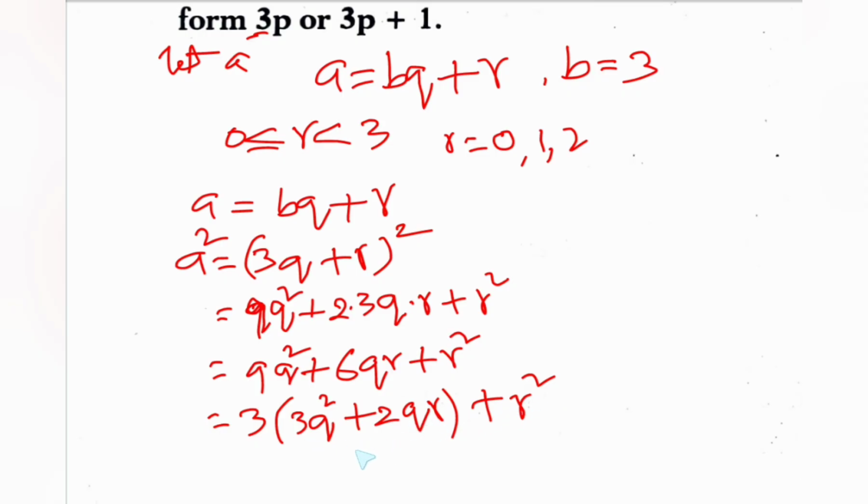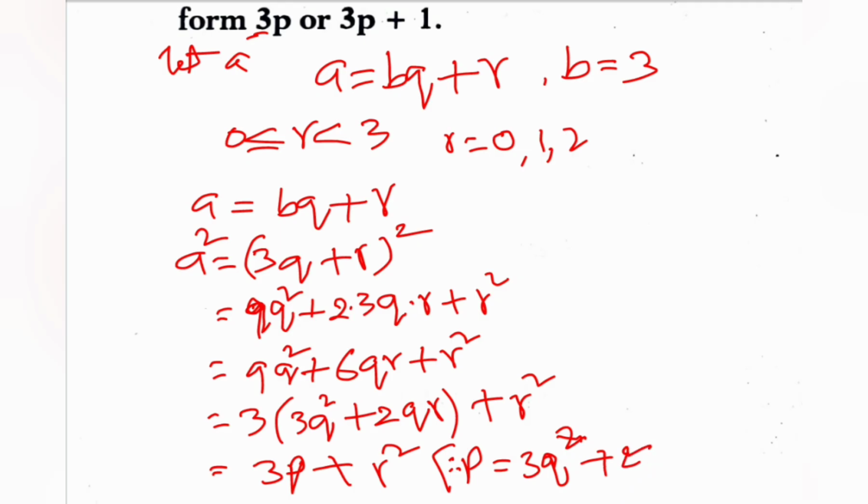But here 3q square plus 2qr, we can write this equal to p, so a square is 3p plus r square, because p is equal to 3q square plus 2qr, which is a number.